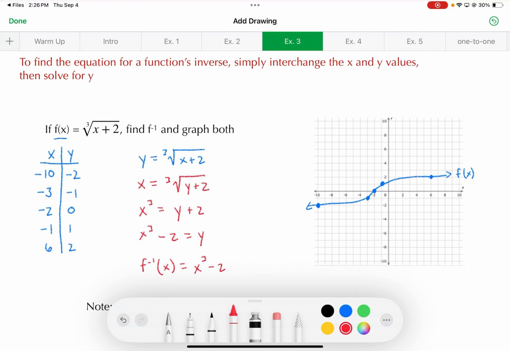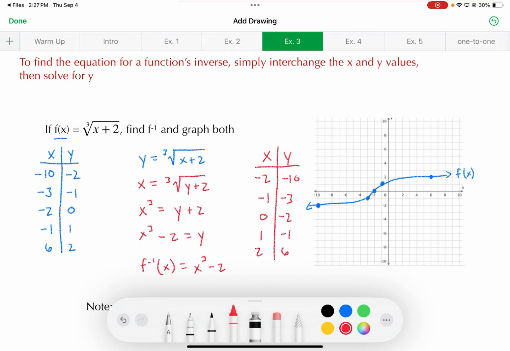Okay, now to graph this one, you can do a table of values and try to reason out what to plug in for x, or just take the ordered pairs from the blue table and reverse them. Now, make sure they satisfy the equation you just created. So, for example, if I were to plug negative 2 in for x on the inverse, negative 2 cubed is negative 8.